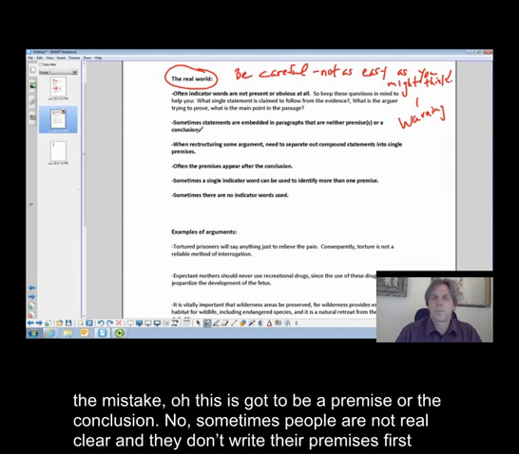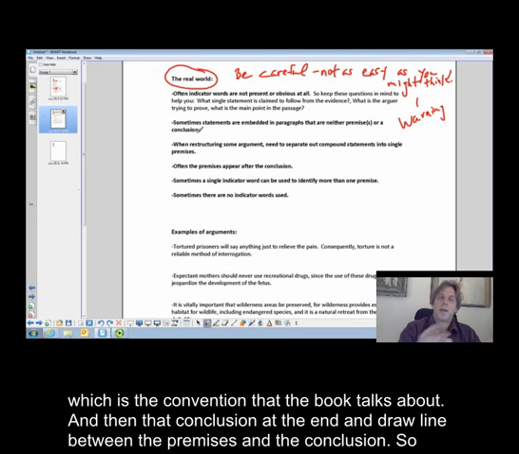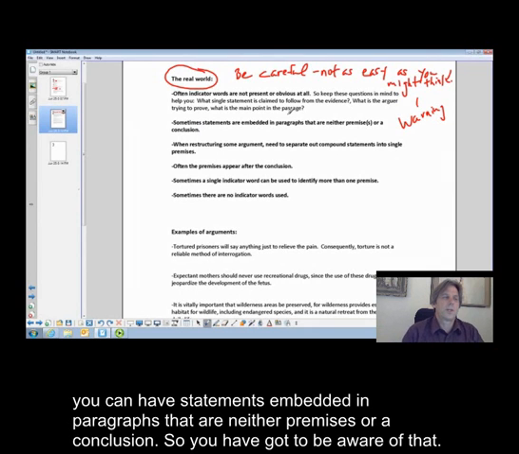No, sometimes people aren't real clear and they don't write their premises first, which is the convention that the book talks about, and then that conclusion at the end, and draw a line between the premises and the conclusion. So you can have statements embedded in paragraphs that are neither premises nor a conclusion. So you've got to be aware of that.